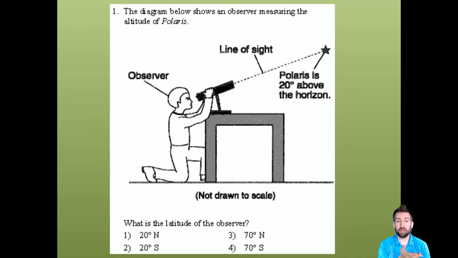If you were to cut Earth in half, you've got a north and a south, and if you cut it down the middle, you get an east and a west. So you can only see the North Star in the northern hemisphere. So what latitude would the observer be at? Well, we know it's 20 degrees. And because it's the North Star, it has to be in the northern hemisphere. So the answer would be choice 1, 20 degrees.